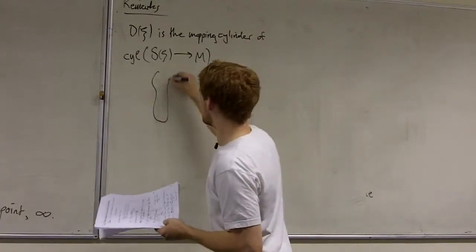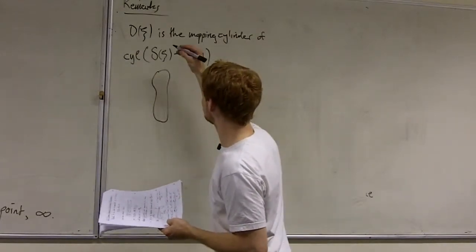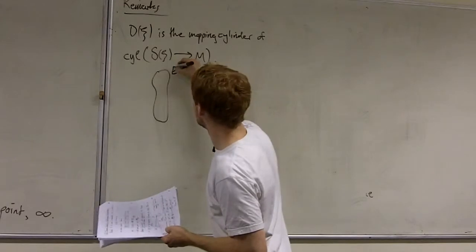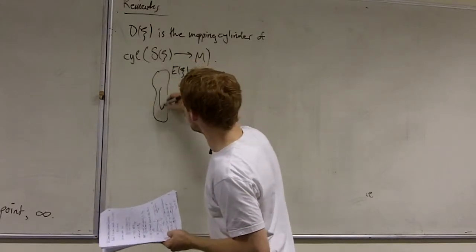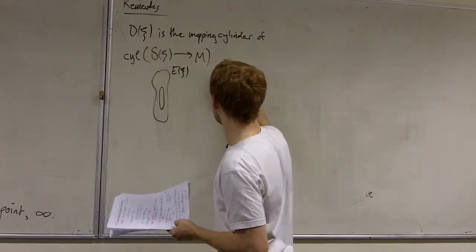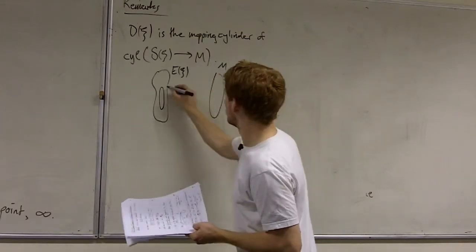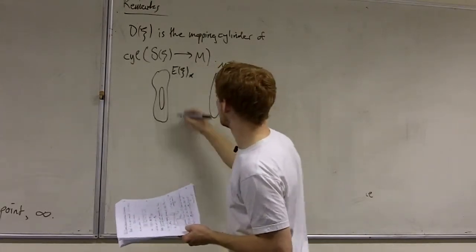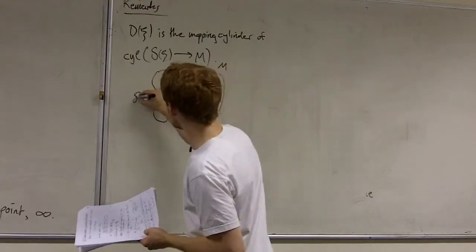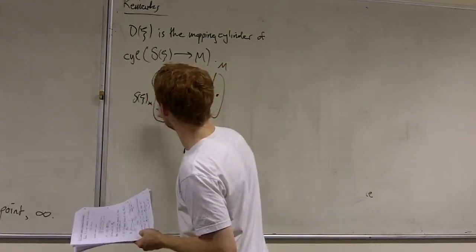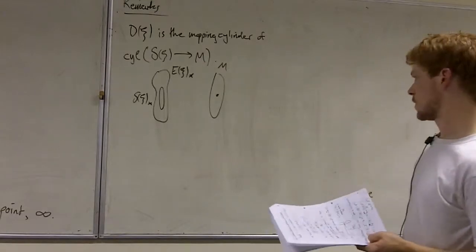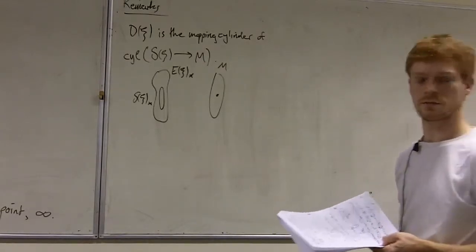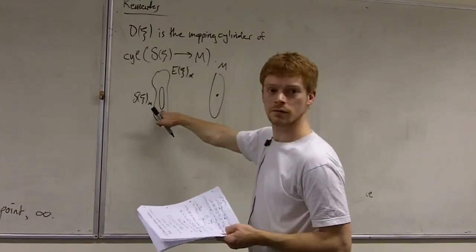So if this is the total space of the bundle, and this can be M, this is the fiber of the total space of the sphere bundle.